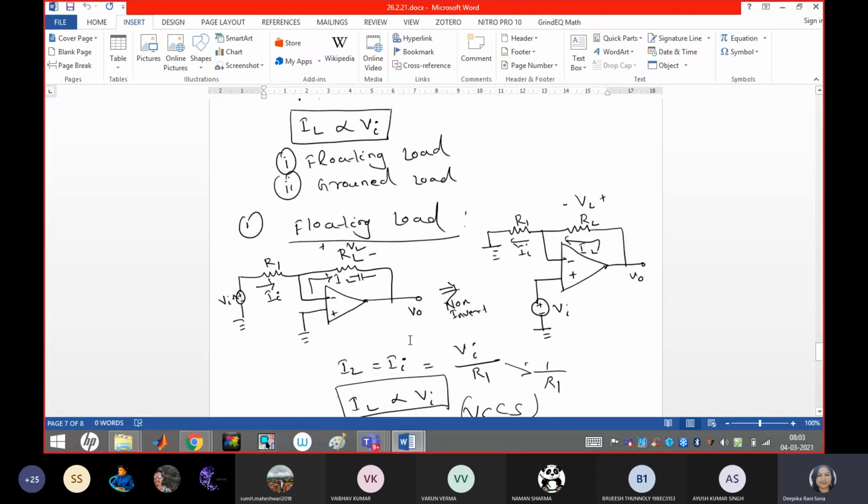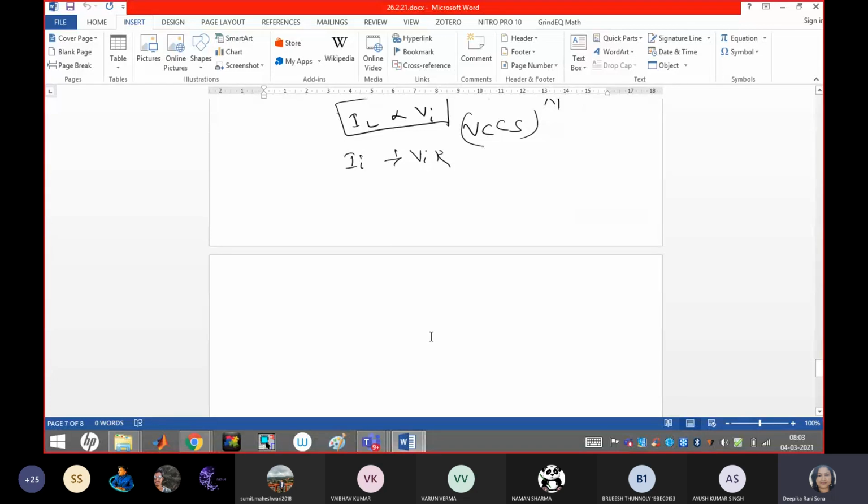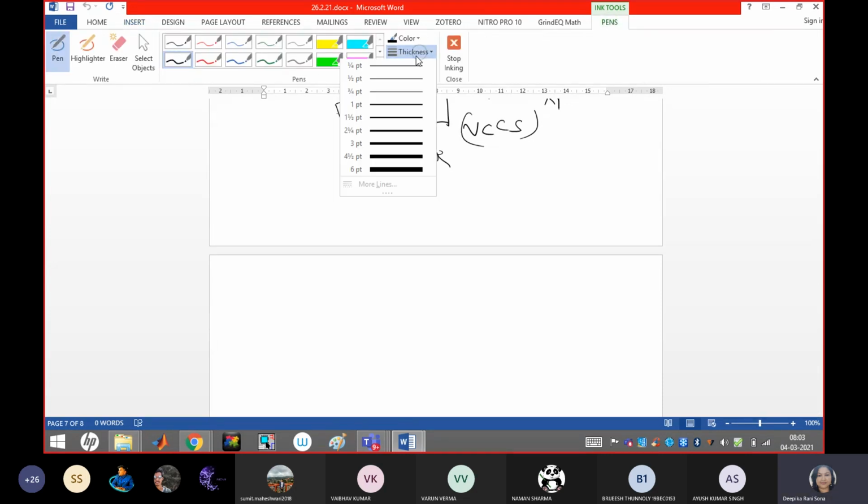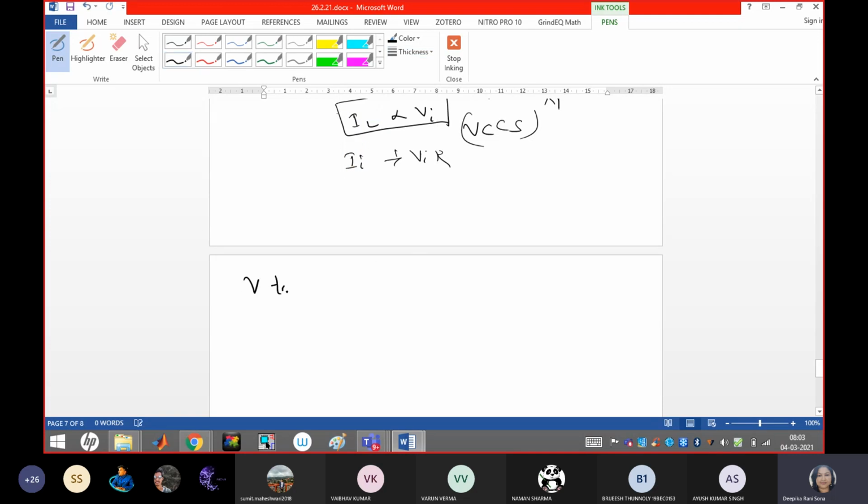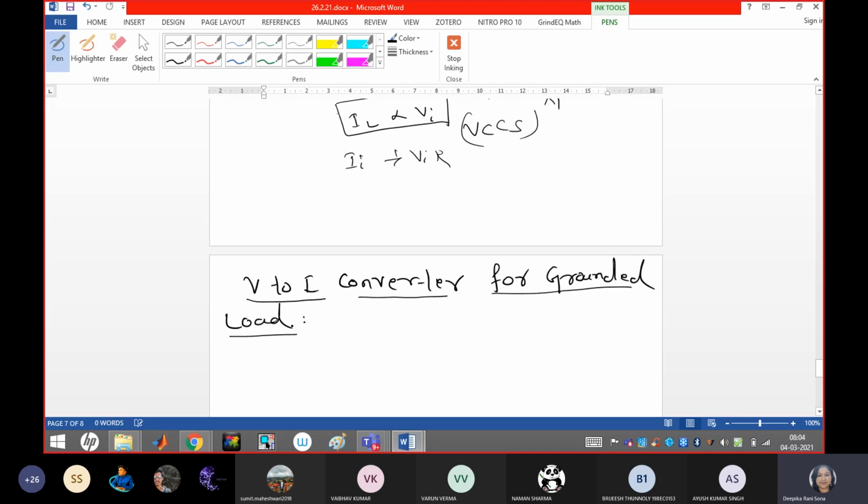In this circuit also we will find the relation between IL and the applied Vi. Let's draw the circuit, guys.